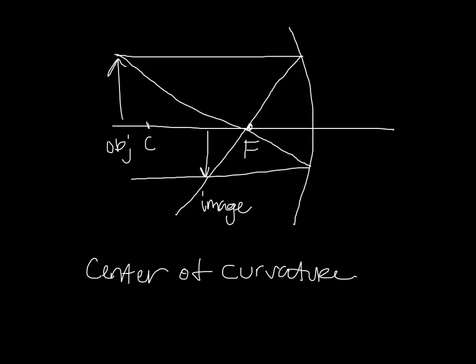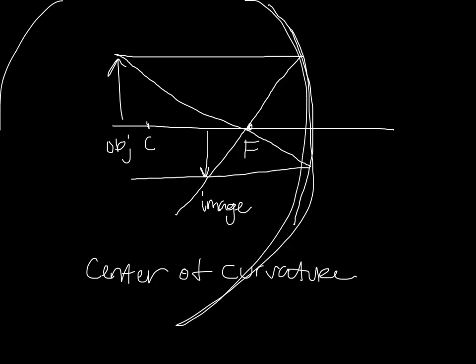And this center of curvature just means that if I were to make this mirror a full sphere, the center would occur at that location C. So this is just a very brief overview of ray diagrams for some lenses and mirrors. You follow this process of drawing rays through focal points and out parallel, and vice versa, for all of the different types of lenses and mirrors in order to find the image location.